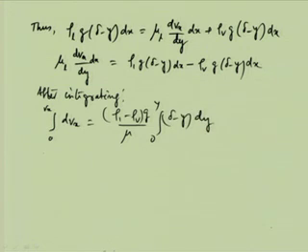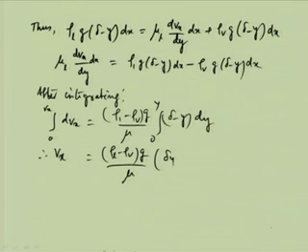This gives Vx equal to (rho L minus rho V) g by mu into (delta y minus y square by 2). So, this is the equation for the velocity profile of the fluid stream that is coming down.